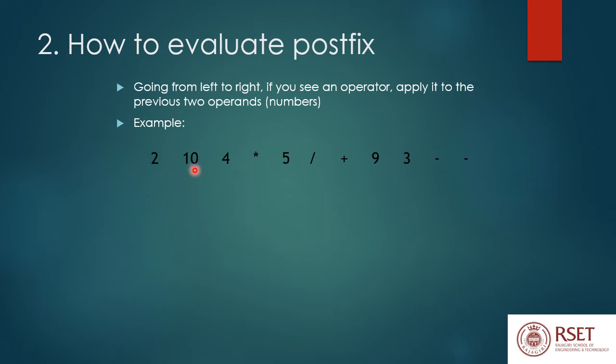You see a next number, no problem. You see a third number, fine. But whenever you see an operator, you take the previous 2 operands and apply this operator between them, and you get the result. Again, you proceed further. This rule has to be followed. Finally, you will get one answer.